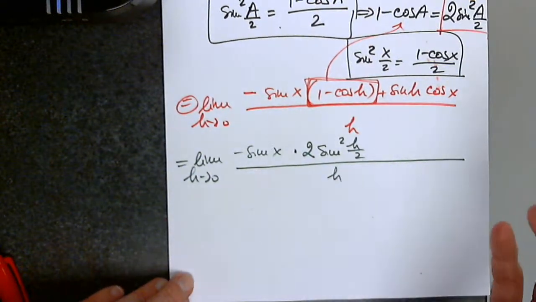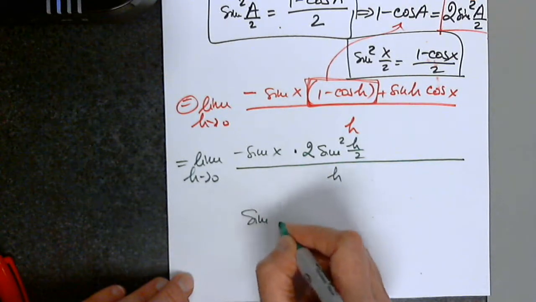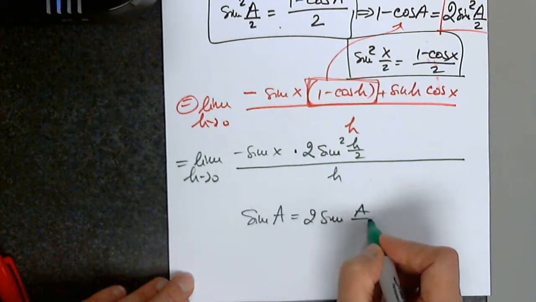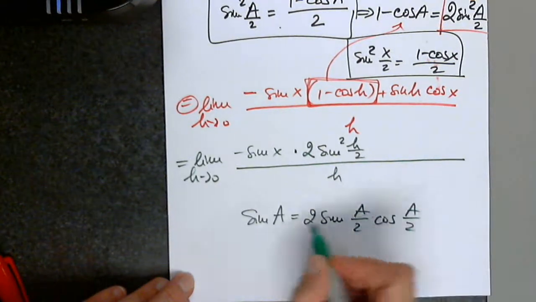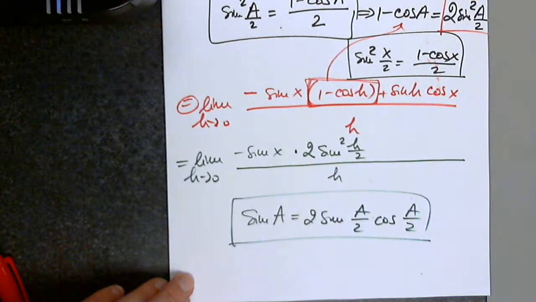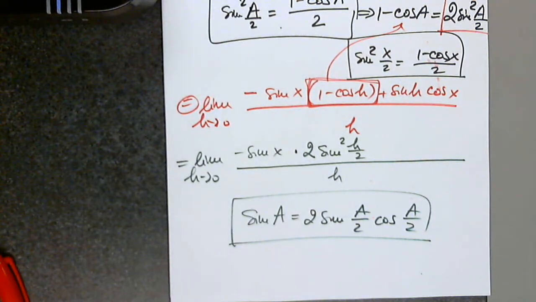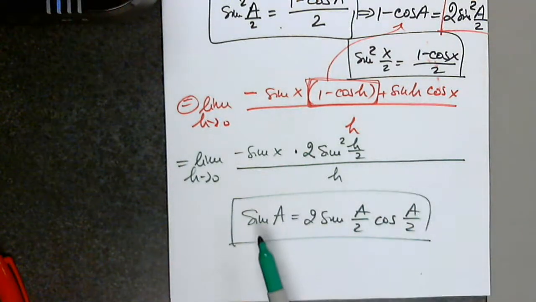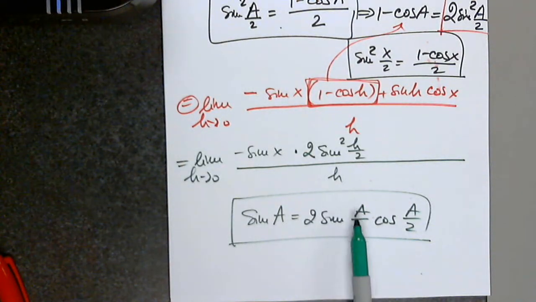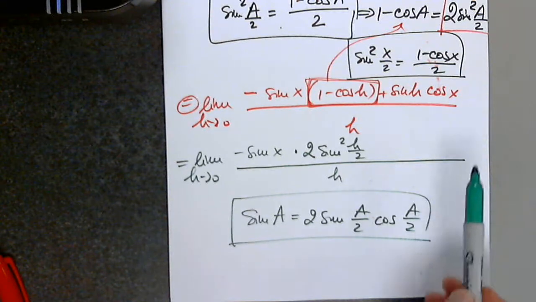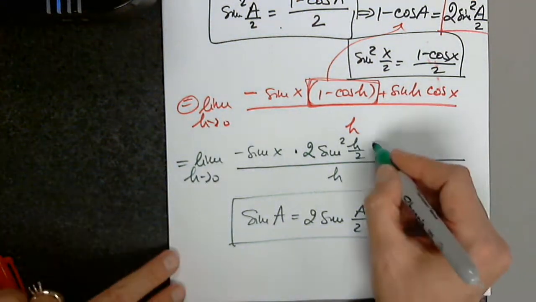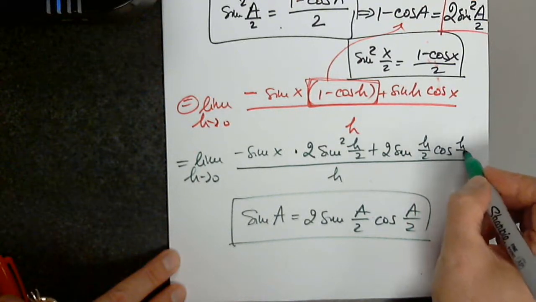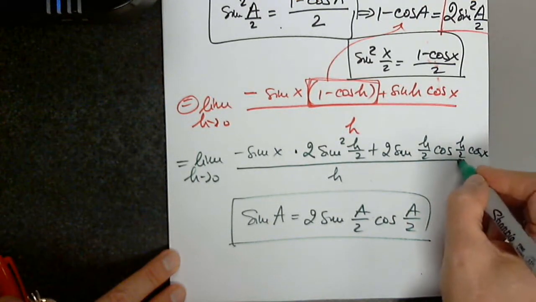And there is another trig identity, which is sine a equals 2 sine a over 2 cosine a over 2. That's another trig identity that now I am forced to use on sine h. So sine h equals 2 sine h over 2 cosine h over 2 times cosine x.